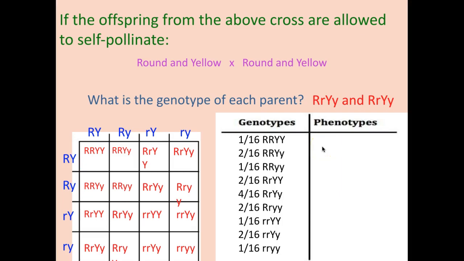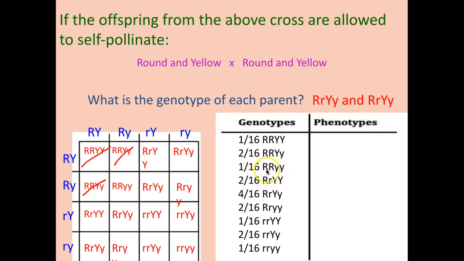All right, so let's mark these out real quick together. So big R, so homozygous dominant, there's one of those. Homozygous dominant for round seeds, heterozygous for yellow, there's two of those, 1, 2.